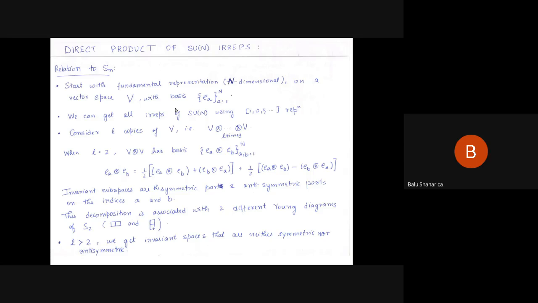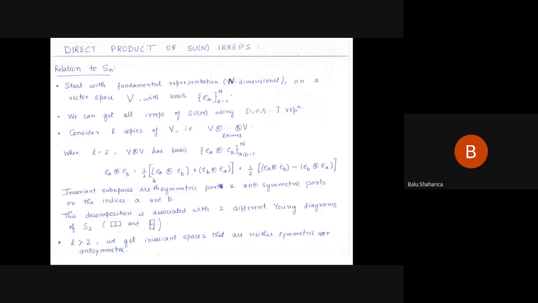So first we'll take V direct product V, just starting with one direct product. The basis of that vector space will be given by EA cross EB, for any A and B from 1 to n.